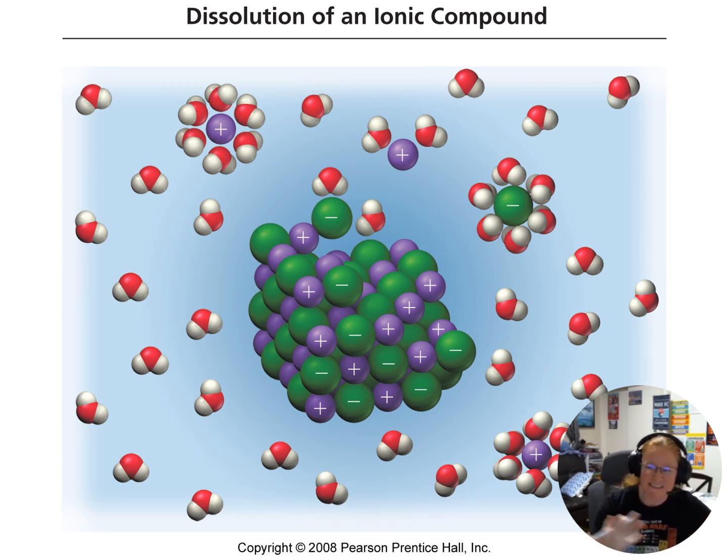Everything in solution is constantly moving around. If we have a solution that is saturated, and so we have excess solute floating around, as the solvent, in this case water, comes in, a new ion will pop off and then another one will crystallize back out, and it's a whole dynamic process where everything is constantly moving.